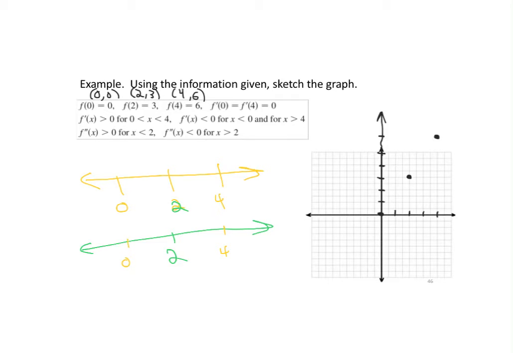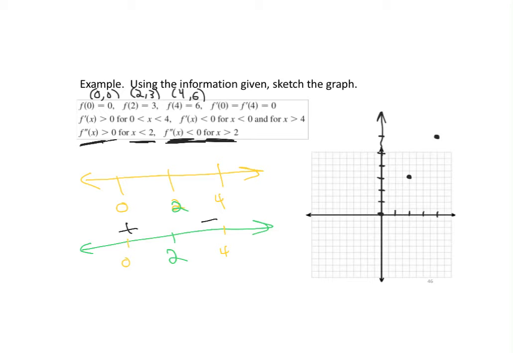So the concavity is to the left of 2 we have concave up, and to the right of 2, we have concave down. What about increase, decrease?